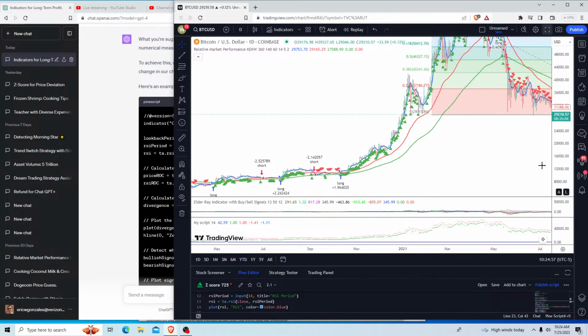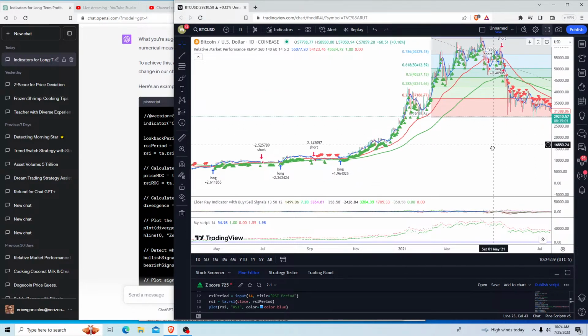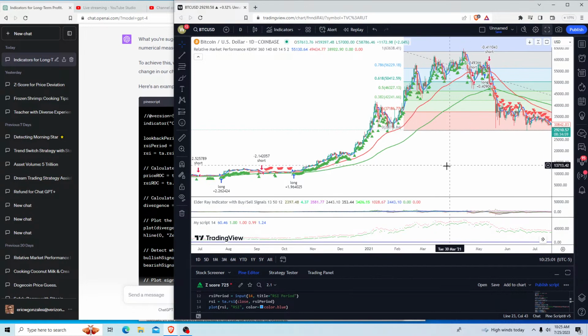Yeah, there we go. Take off the logarithmic. Because you can see that we have this sharp parabolic movement, right? And then it should continue at that pace, but it doesn't.